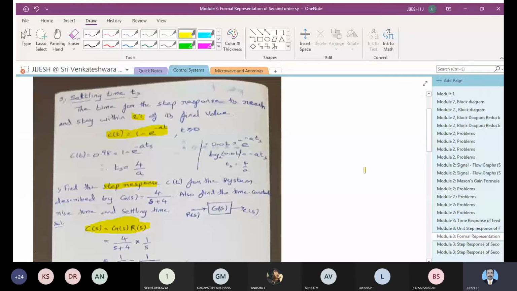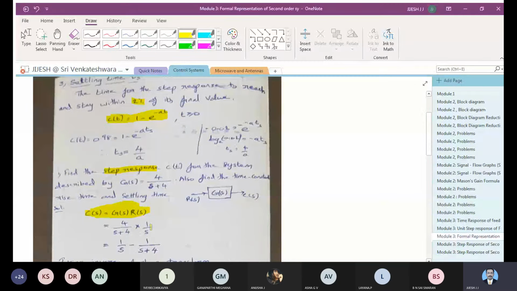This 4 by s plus 4 into 1 by s can be rewritten in this form. All of you try to write in this form. We have written this in the previous equation as well. So 1 by s into 4 by s plus 4 can be written as 1 by s minus 1 by s plus 4.